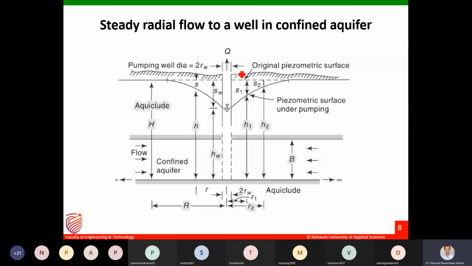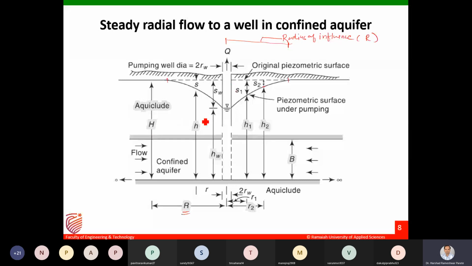If you are measuring from the center, from here till here, it will be my radius of influence. So I can say it as capital R. So this value shown here is nothing but the radius of influence.